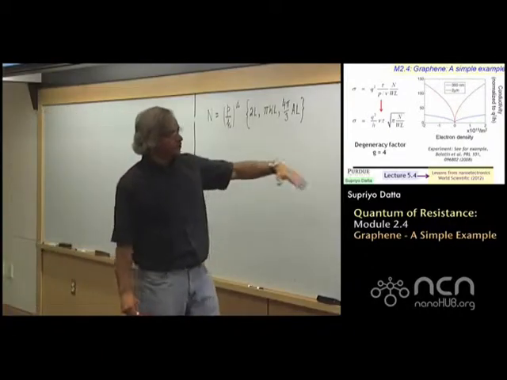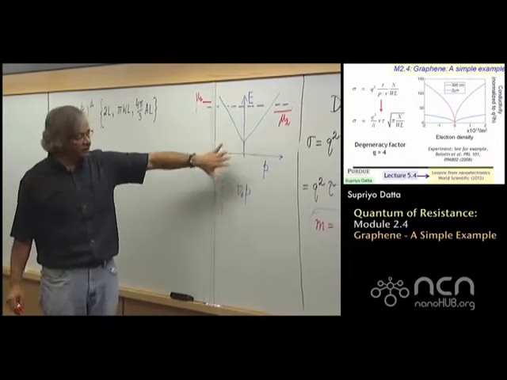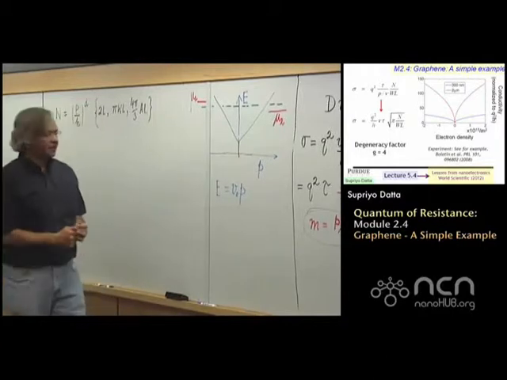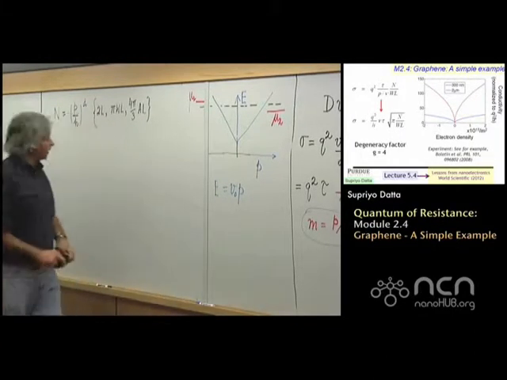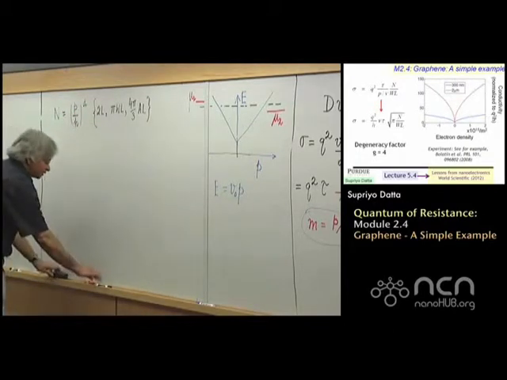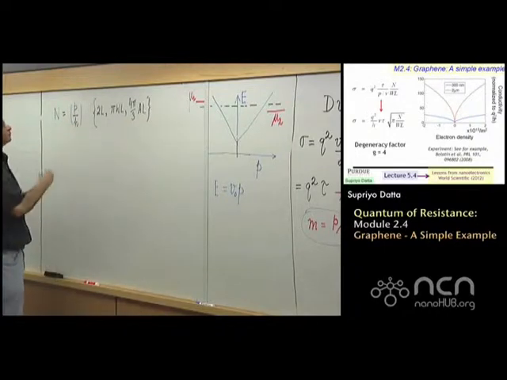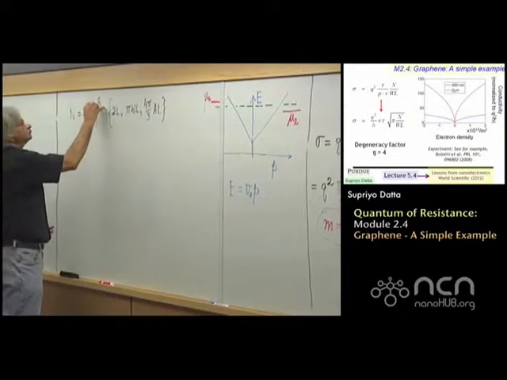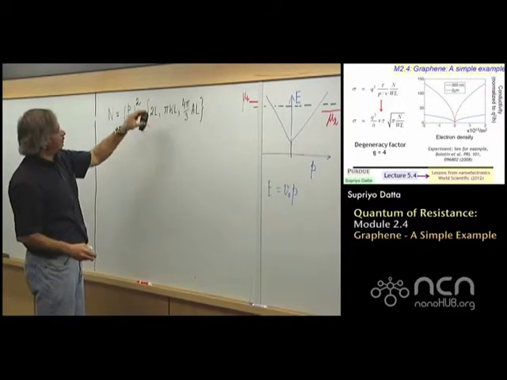And in graphene, it's believed that around the chemical potential, the energy momentum relation has this linear form. Now, since we are dealing with a two-dimensional conductor, I'll use just the two-dimensional version of this, where we put d equal to 2, and we use the second one here, the pi WL.